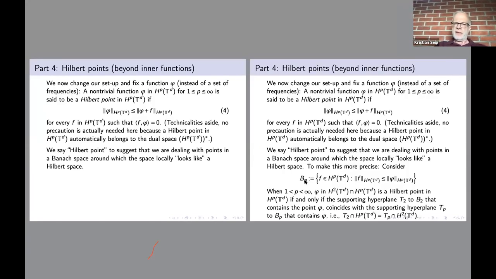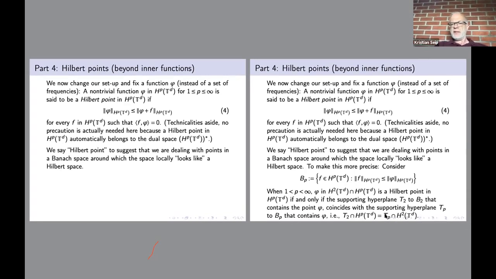So BP is this ball with this radius, and then phi is a Hilbert point in HP if and only if the supporting hyperplane T2 to B2 that contains the point phi coincides with the supporting hyperplane TP to BP that contains phi, in this precise sense that you have this equality between these two sets.